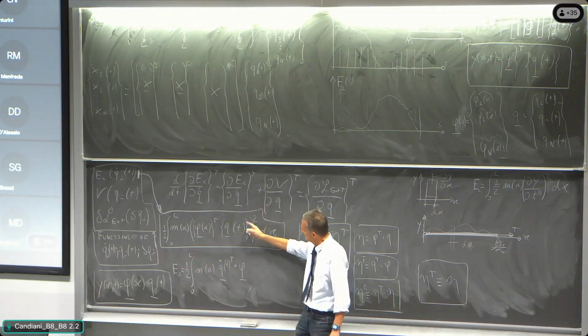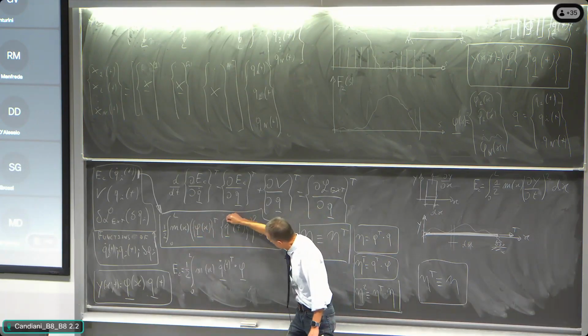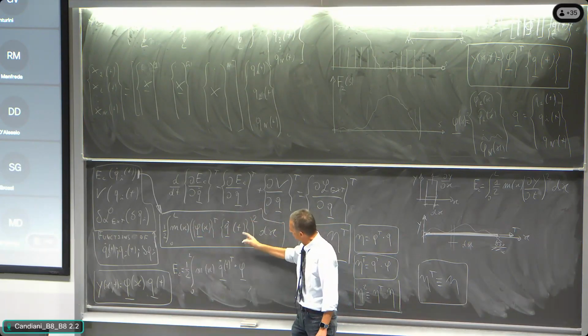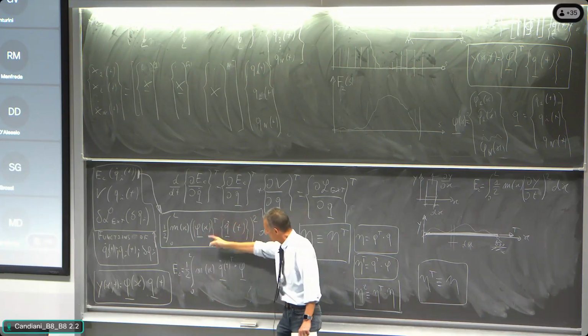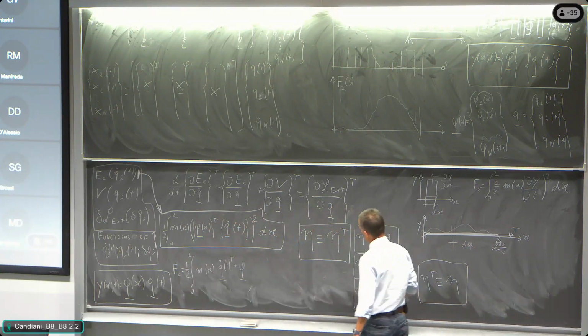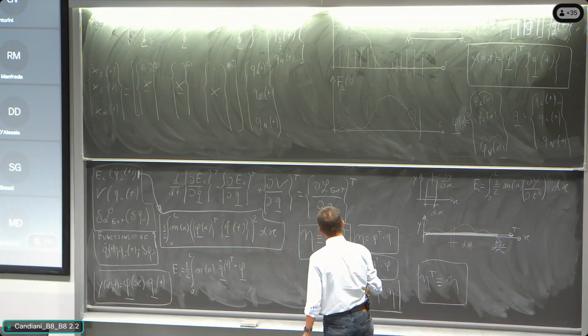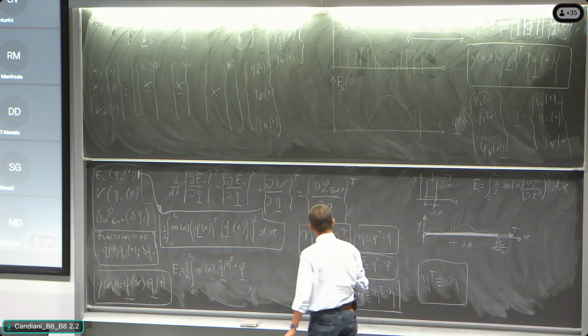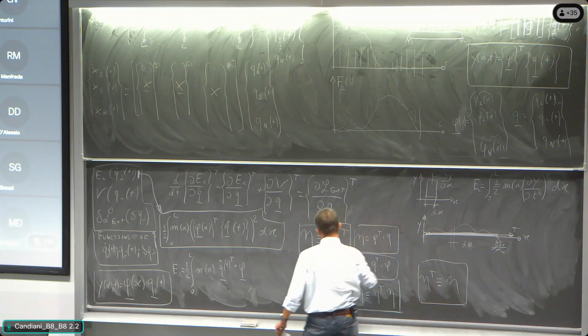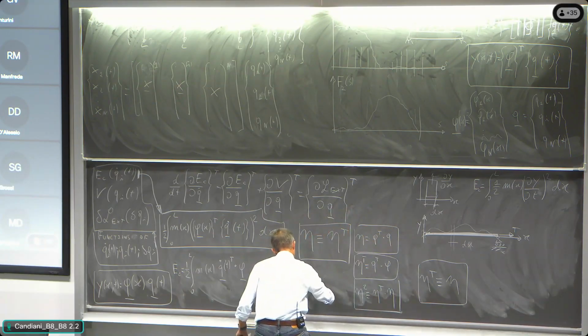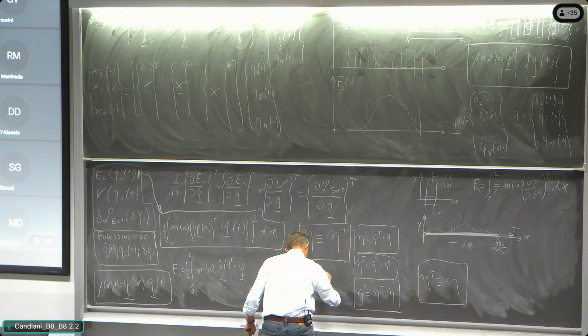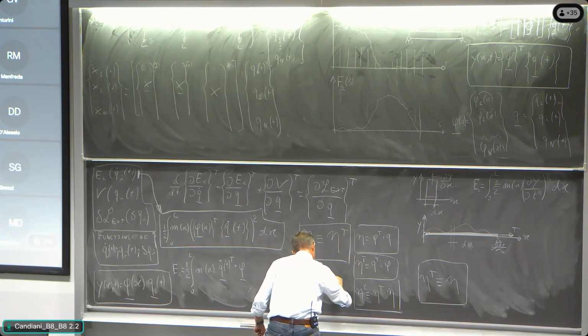Eta transposed is q dot transposed multiplying phi. I have to write somewhere that eta is equal to phi transposed times q.